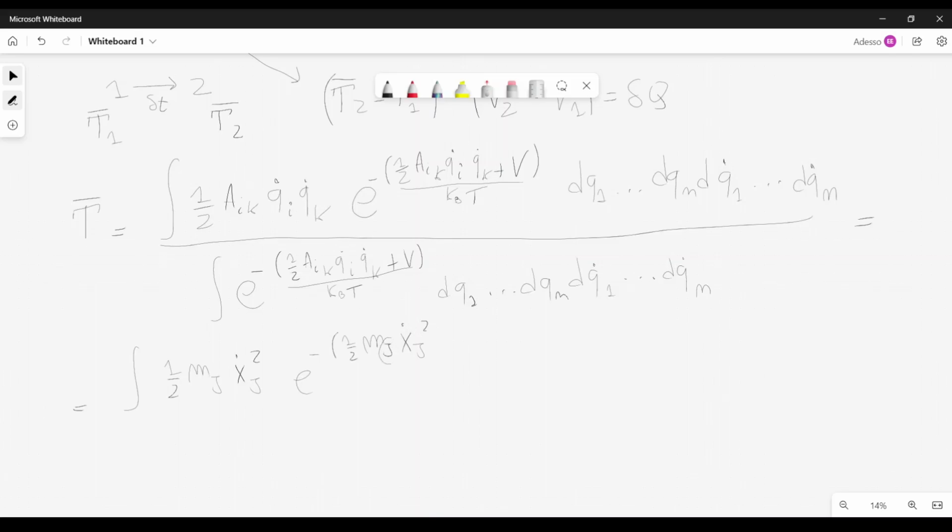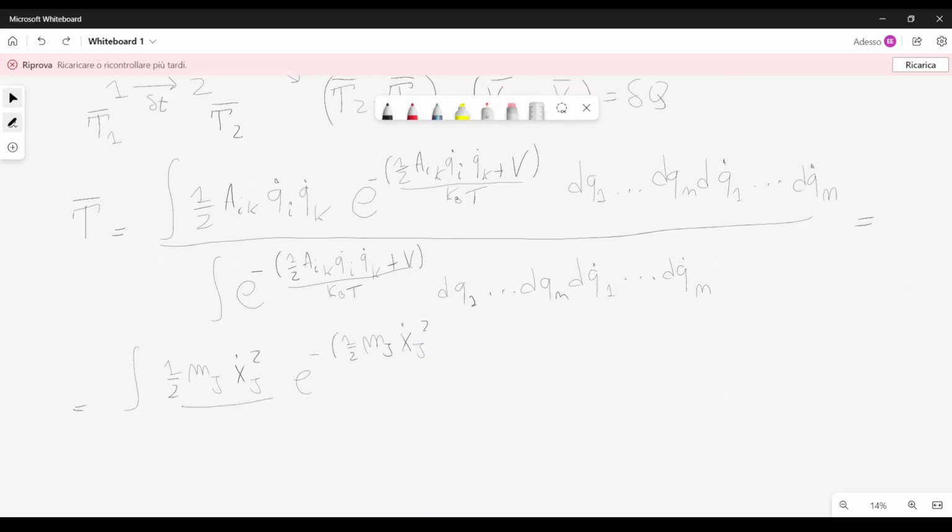So in this case, remember, I could also call this index in a different manner because we have to sum this one separately from this one. Here we have to sum over j, and separately here we have to sum over j, but maybe I could have put k for these two indices, but I don't want to overcomplicate notation. We also have to add the potential to the kinetic energy and then divide by k_B T.